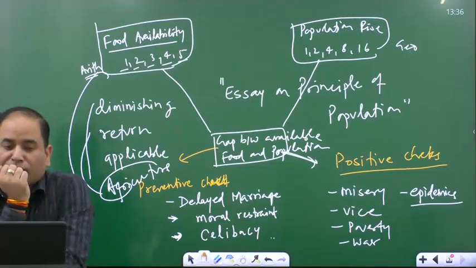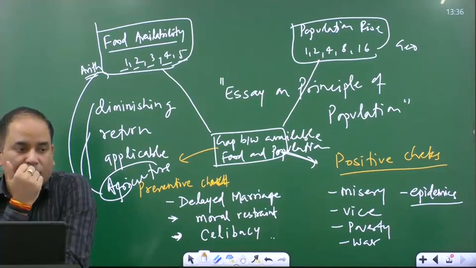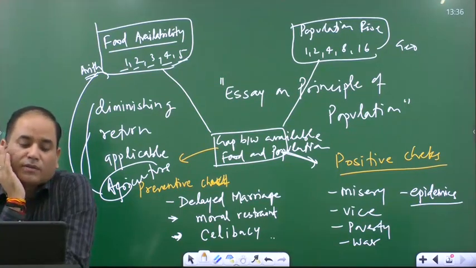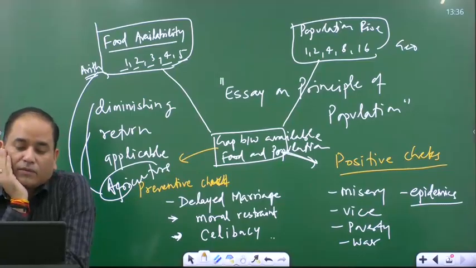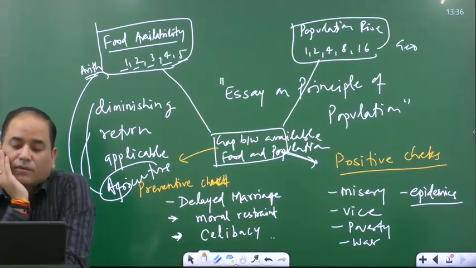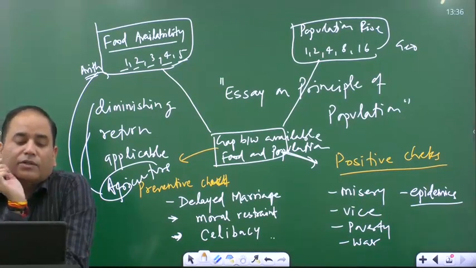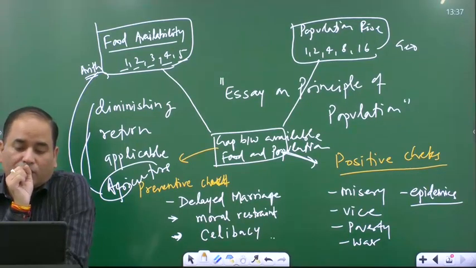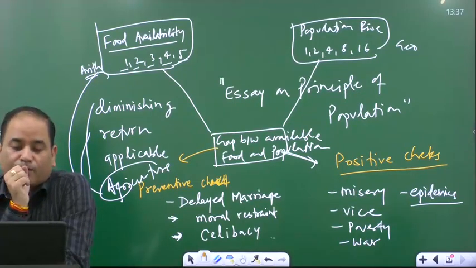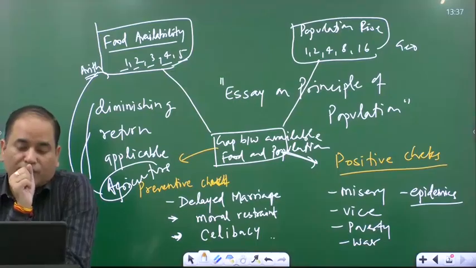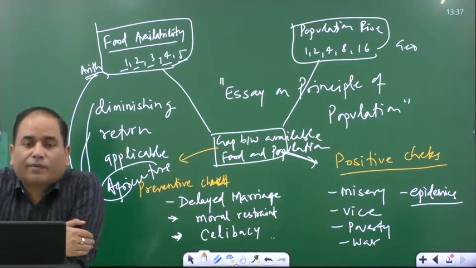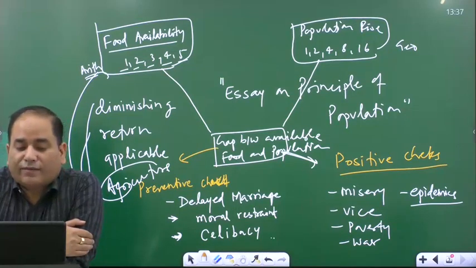Next point. Malthus considered these two assumptions as the two essential characteristics for the humans for maintenance of life.